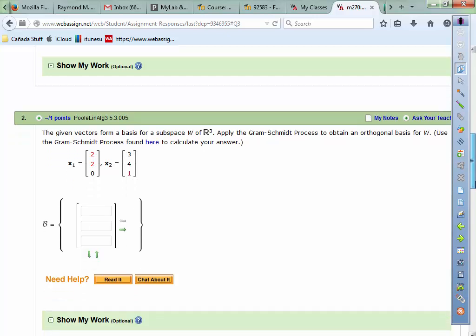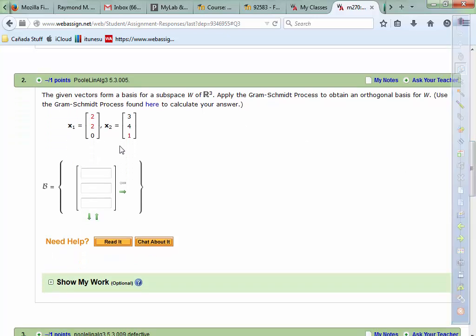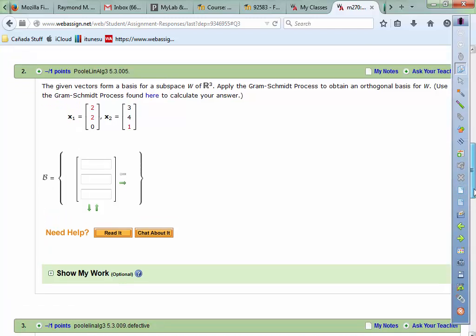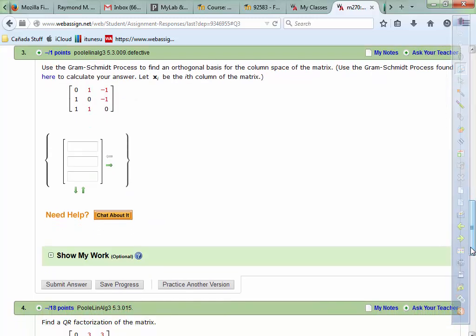Okay, well, what we're doing applies to number 2. But I thought you said this was the Gram-Schmidt process. Yeah. Okay, so number 2 is Gram-Schmidt, but so is number 3. Number 3 is in the context of a matrix. Okay, let's do number 3.